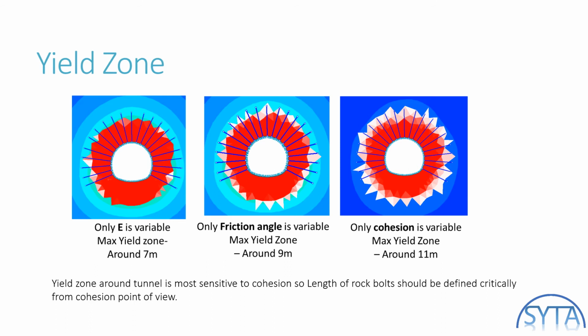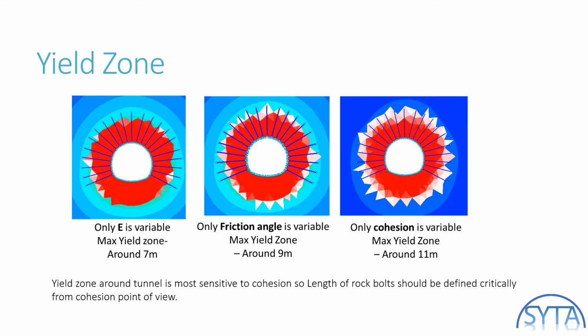So as you can see, the effect on the yielding zone by varying the three variables, one at a time. The leftmost image shows the variation of elastic modulus only, which shows a maximum yield zone of around 7 meters. The case of changing the friction angle shows a yielding zone of around 9 meters.